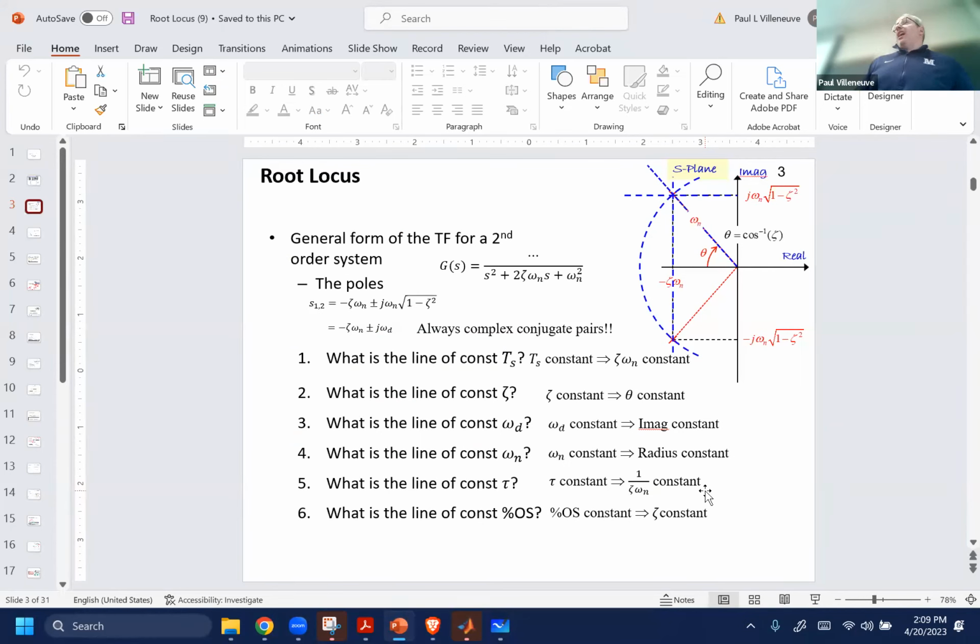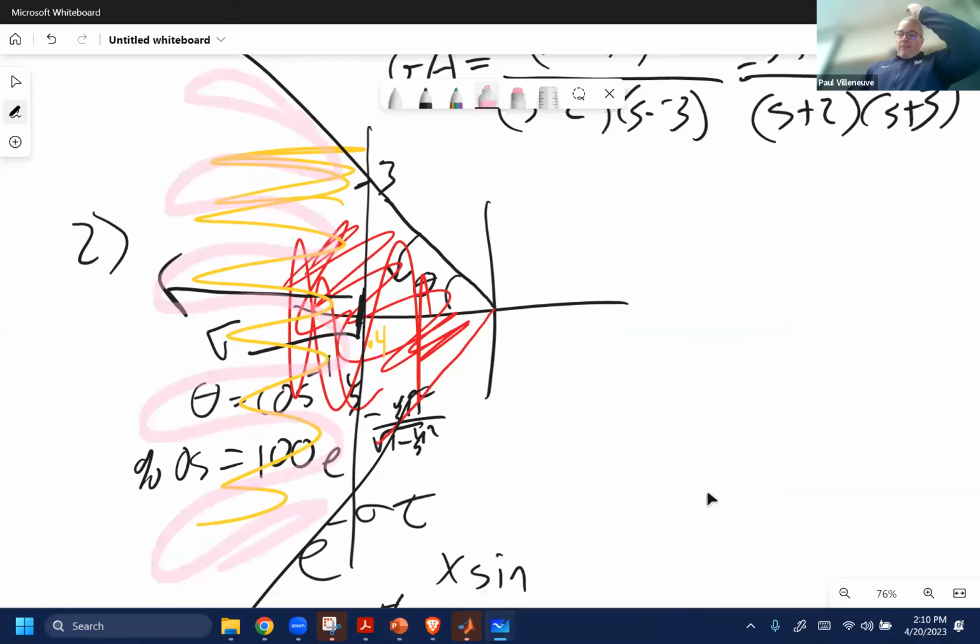I was just asking you to show me the points. Zeta has got to be 0.404 or greater, which means my angle theta is going to be less than that. And my settling time has to be less than 10 seconds, or the alpha term has to be less than -0.47 seconds. And that was it. That's all you needed to do for this problem.